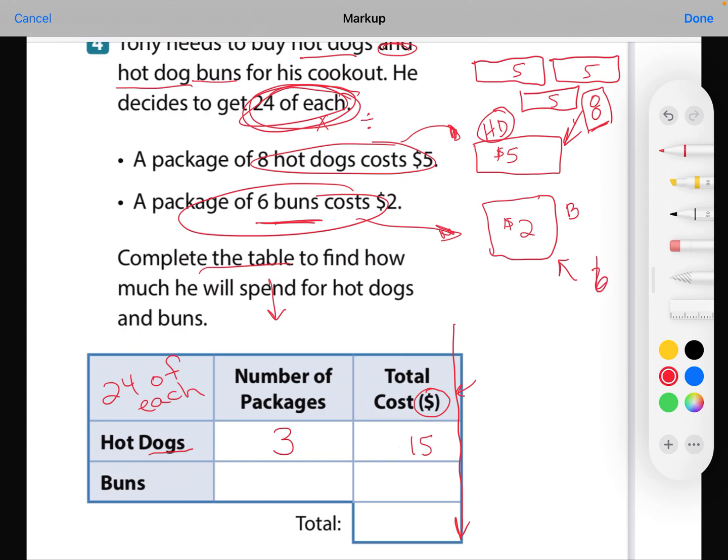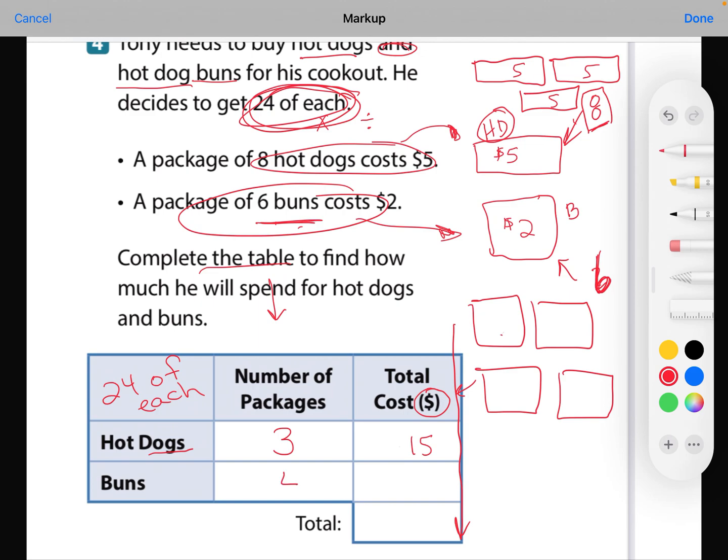Okay, so this should be a 6. I don't know if I erased it or wrote it wrong, but that should be a 6. 6 buns in a package. Okay, so 6, 12, 18, 24. And then how much does each package of buns cost?